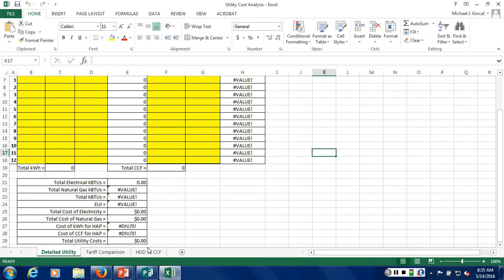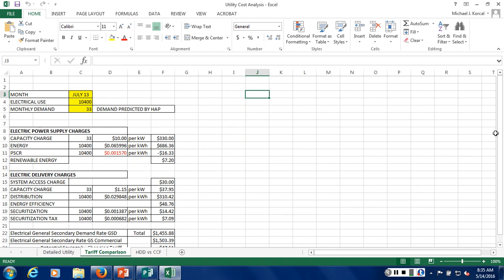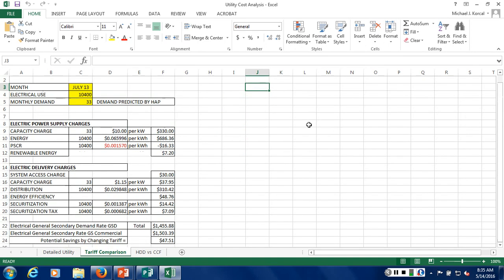Now, other tabs. This comparison in here, all it's really needed is we added the month and the electrical use from the customer's bill. The monthly demand was predicted by the HAP program, and it actually runs through a different tariff.